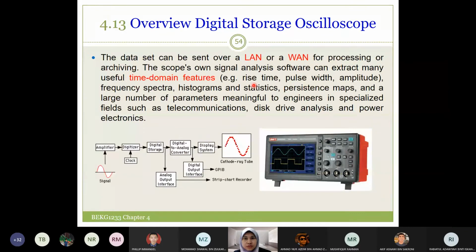The data set can be sent over a LAN for processing, or the scope's own signal software can extract many useful time domain measurements such as rise time, pulse width, amplitude, and so on, frequency, spectral, histogram, statistics, and so on, meaningful to engineers in specialized fields such as telecommunication.